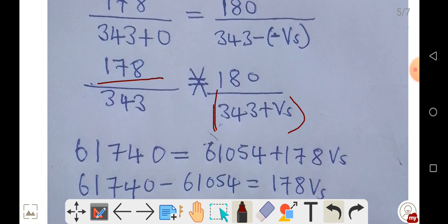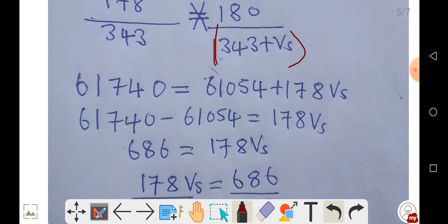So 178 multiplied by 343, we are getting 61,054. Then when you multiply this and that, we are getting 178 Vs. So Vs is the velocity of the source.